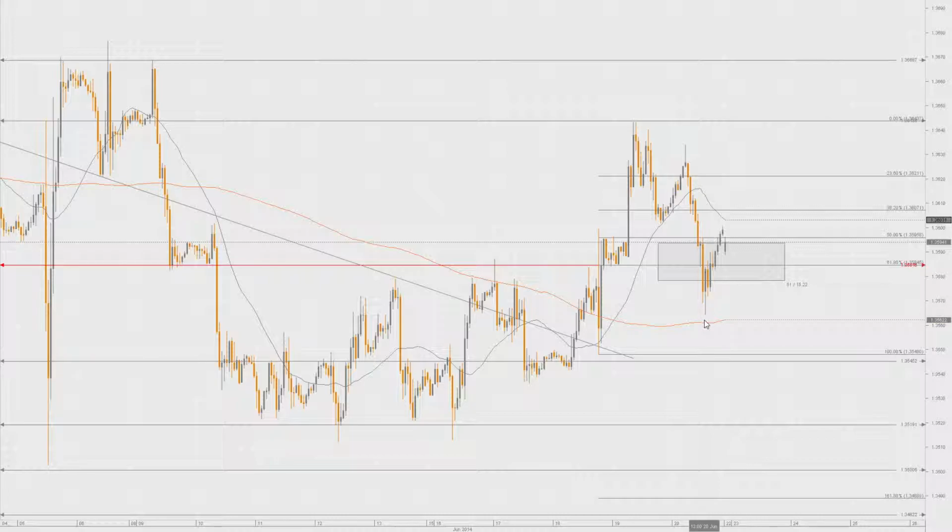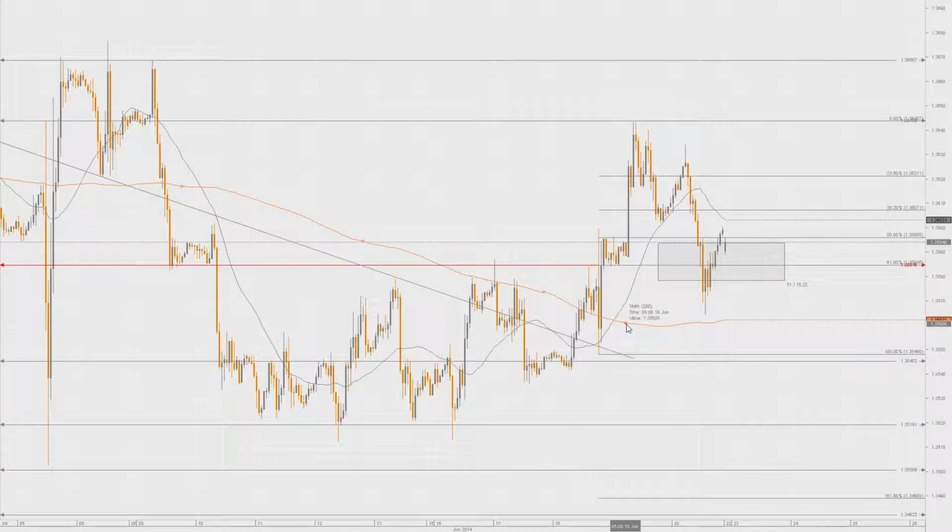Then pushing down, I drew a support zone in here last week that I expected to hold. You see it really challenged that, actually went down out of it. I wouldn't advise putting trigger trades here, but just watch the price action zone.